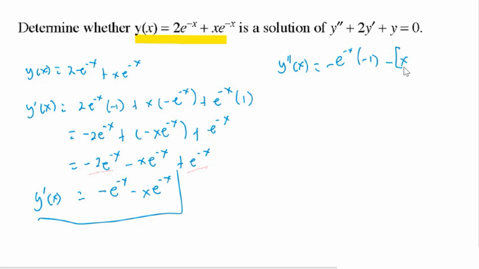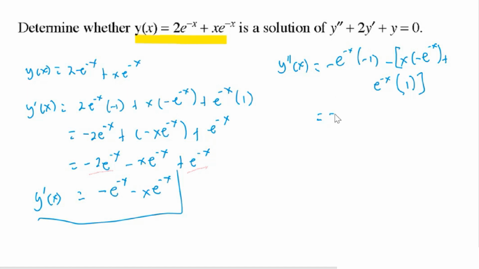Therefore, we have x times the derivative of e raised to negative x, which we can write directly as negative e raised to negative x, plus the second term, e raised to negative x times the derivative of x, which is 1.